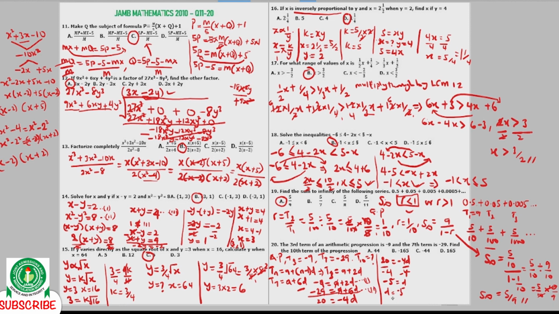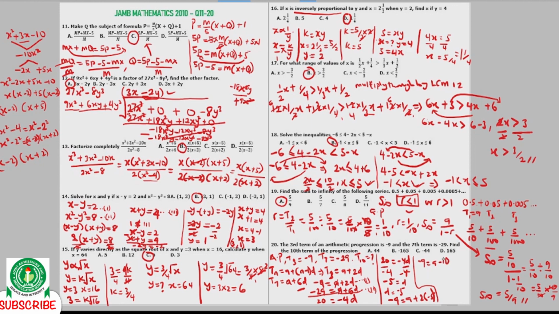Taking equation 1, which is minus 9 equal to A plus 2D, now 2 into the bracket minus 5, to get our A we now have minus 9 equal to A minus 10.